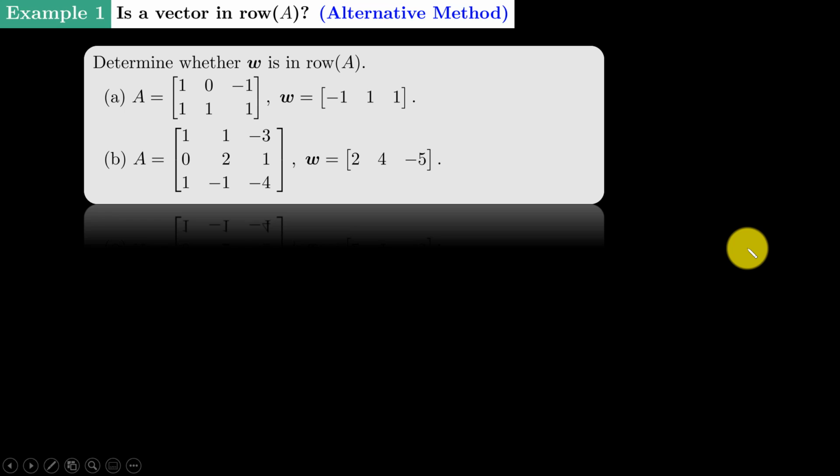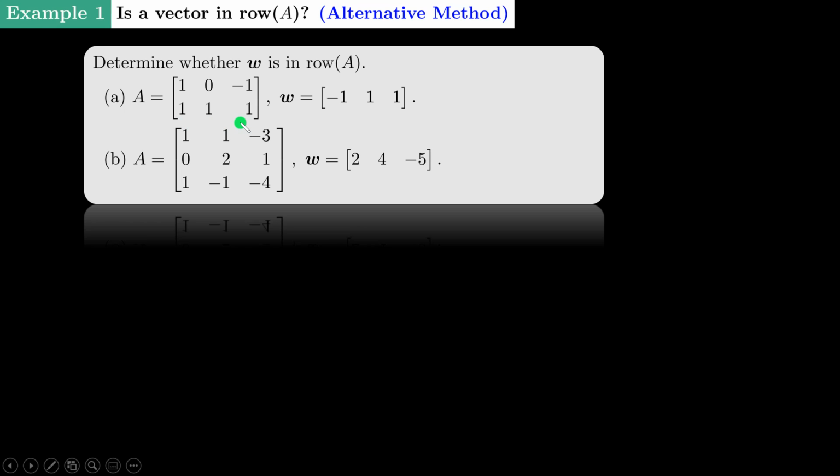Now let's take a look at an alternative method to solve the same question. Now if we were to append this row vector W to the last row of matrix A, then there will be two cases when we reduce it to the row echelon form. Case 1 is where the bottom row becomes a row of zeros.